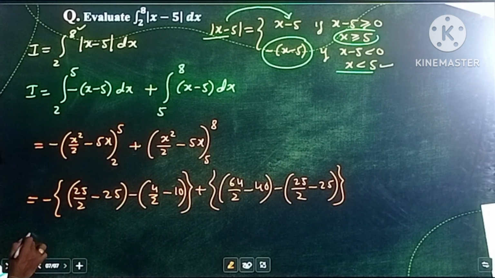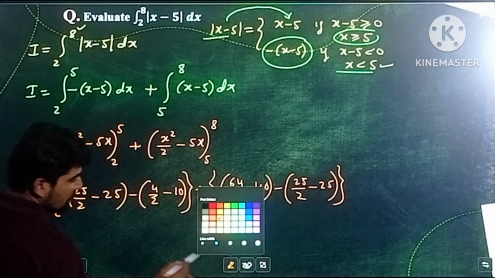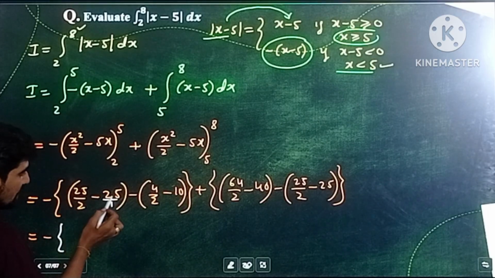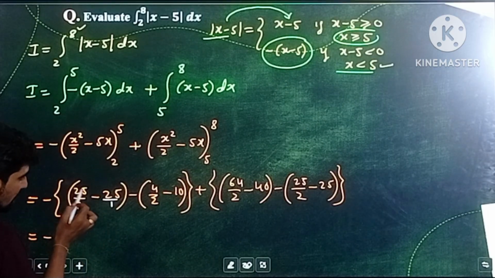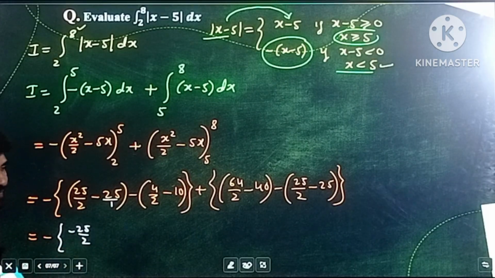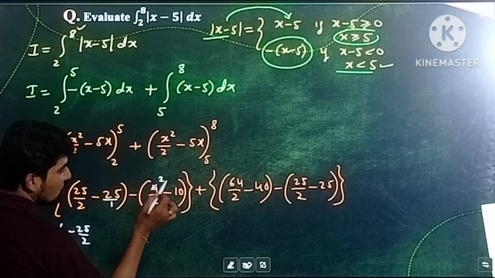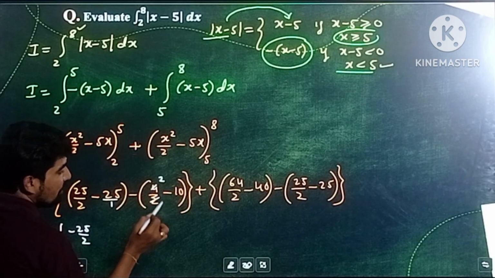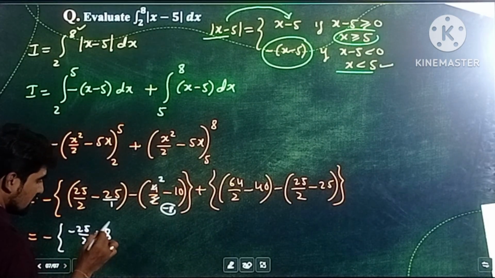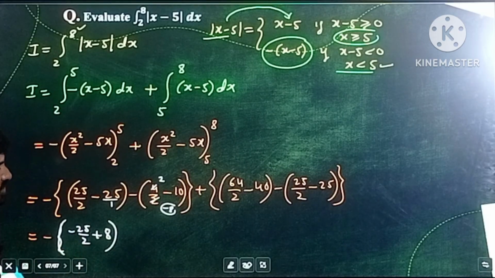Now in the next step, minus of, see here, LCM is 2, 2 into 25, 50. So 25 minus 50 is minus 25 divided by 2. Here 2 ones are 2, 2 twos are, so 2 minus 10 is minus 8, and minus into minus 8 is plus 8. We completed the first one.